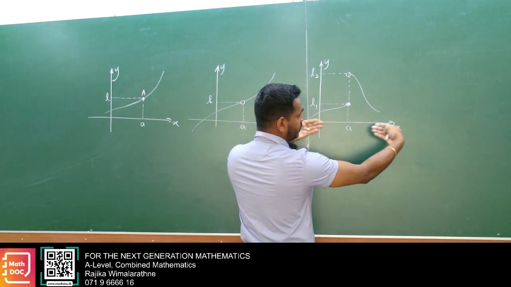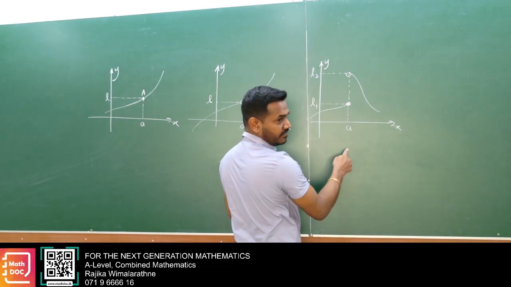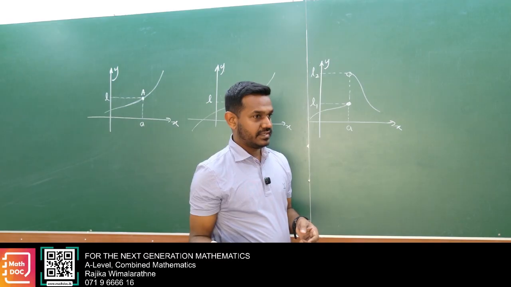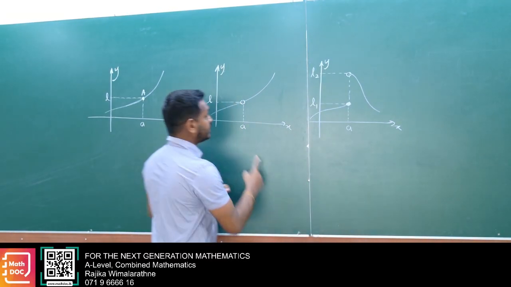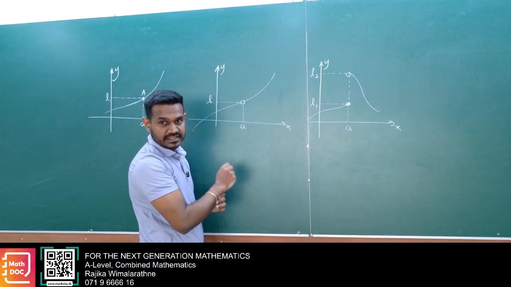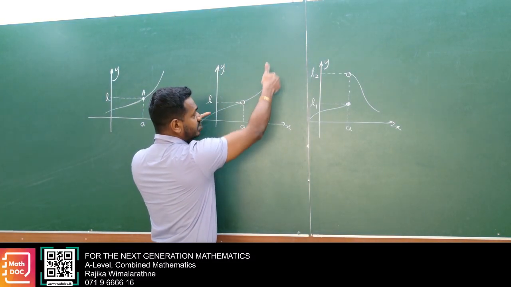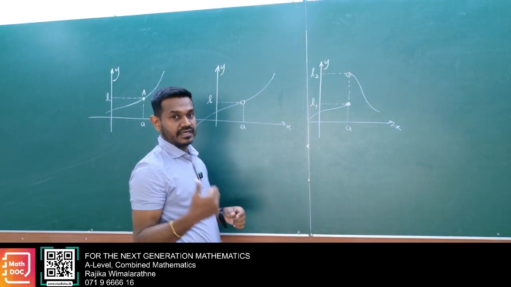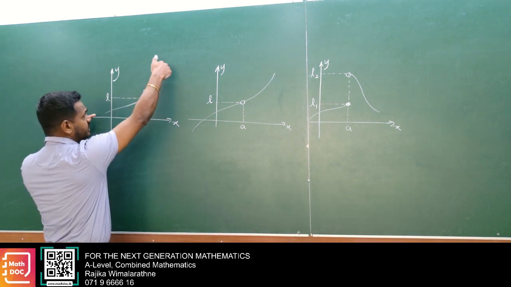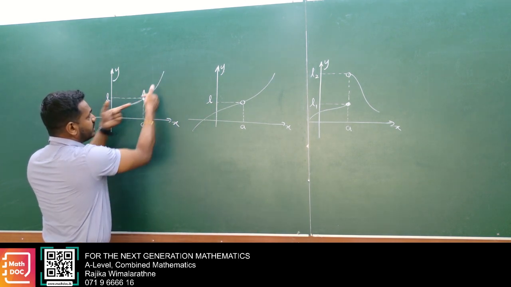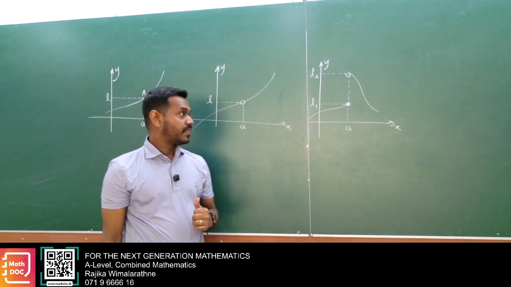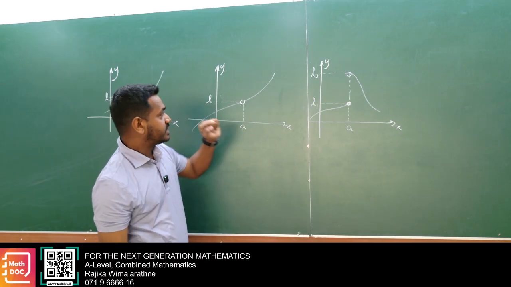Then this function we call not continuous at A, and it also doesn't contain a limit at x equals A. But here the function contains a limit. The limit exists, but it is not continuous. It goes towards the same point, but the function can't exist at x equals A. And in this case, the function has a limit, and also it is continuous at A. That's the condition. Okay, you sketch each graph.